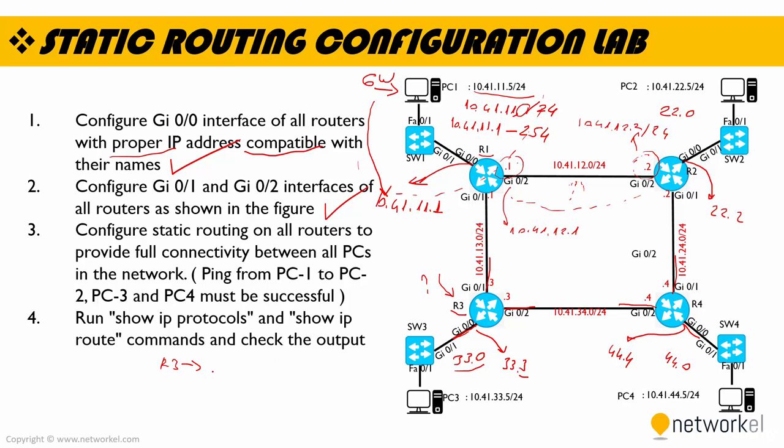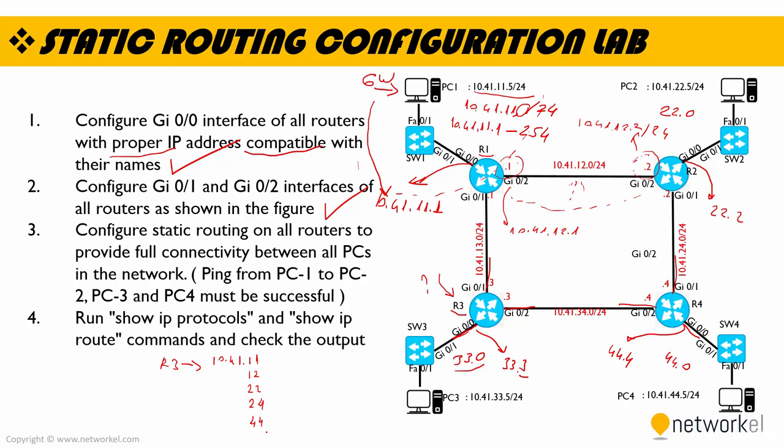So for router 3, I need to use static IP routing statements for these networks: 11, 12, 22, 24, and 44.